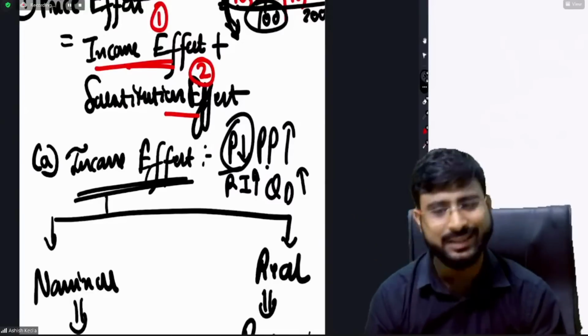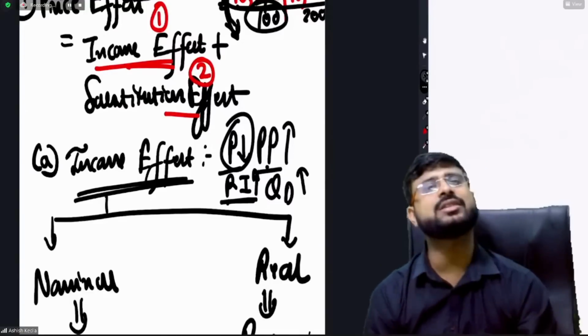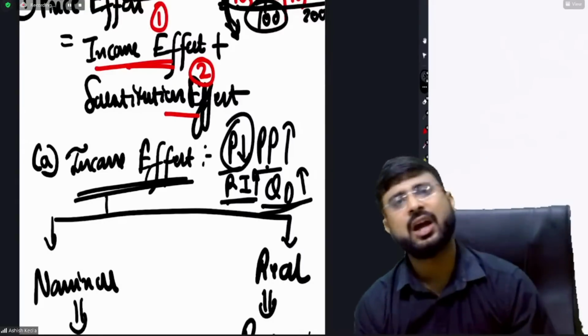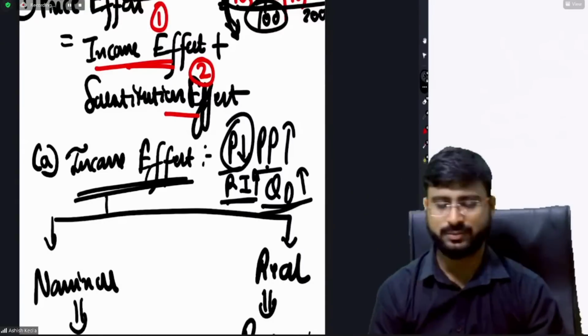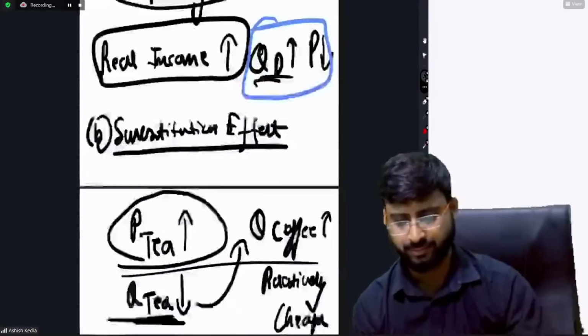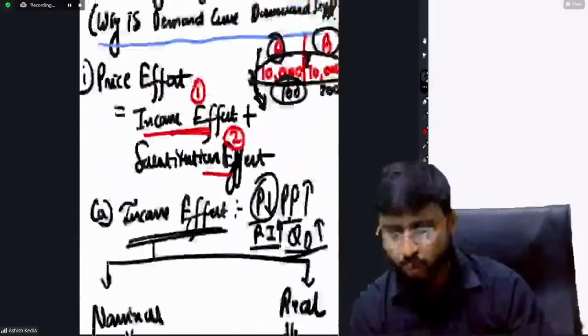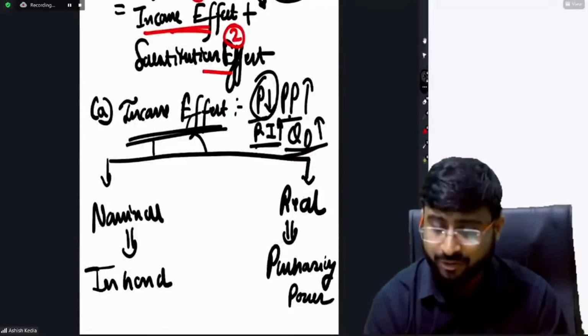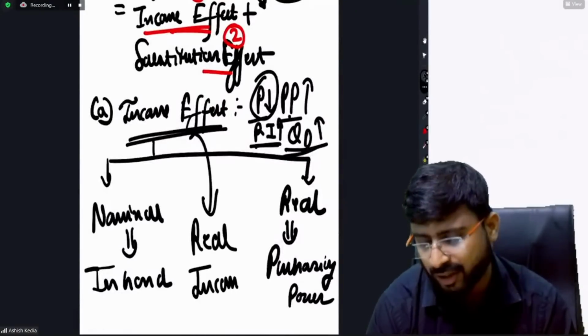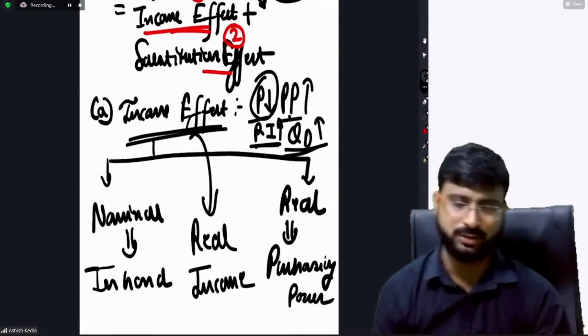When purchasing power increases, real income increases. When real income increases, quantity demanded increases. I hope it is crystal clear. This is what income effect is. Income effect is mainly related to real income, and real income means purchasing power.